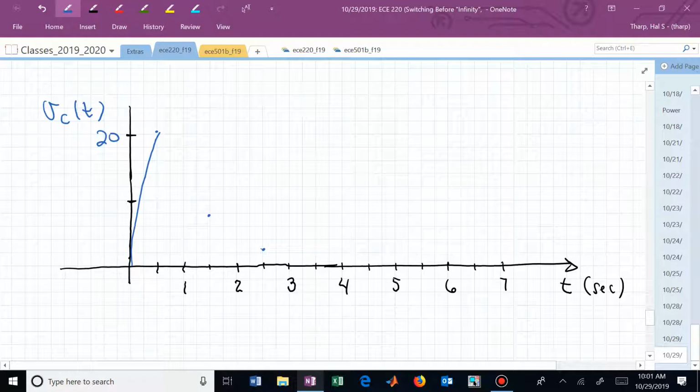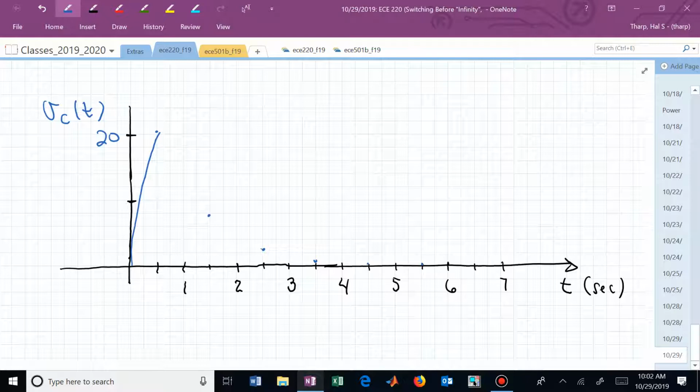And then at 3 time constants, it's about 5%, so now we're down here at about 1. And at 4 time constants, we're at 2%. And then at 5 time constants, which in this case is 5 seconds beyond 1/2, or 5.5 seconds in total, we're down to 1% of where we started.